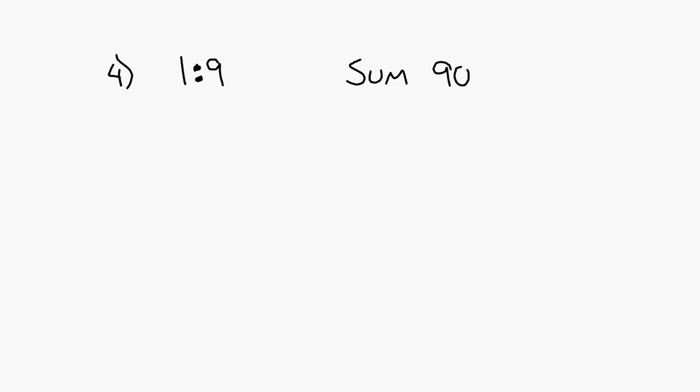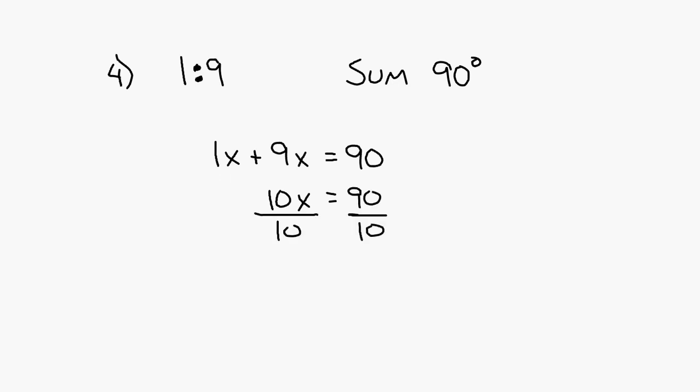So your setup is like the previous problem. You take 1 times x plus 9 times x, and you make it equal to 90 degrees. If you solve for x, you get 10x equals 90 degrees, and you can divide by 10. So your x is equal to 9.